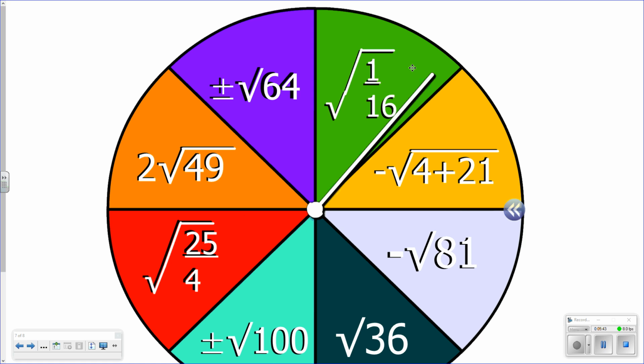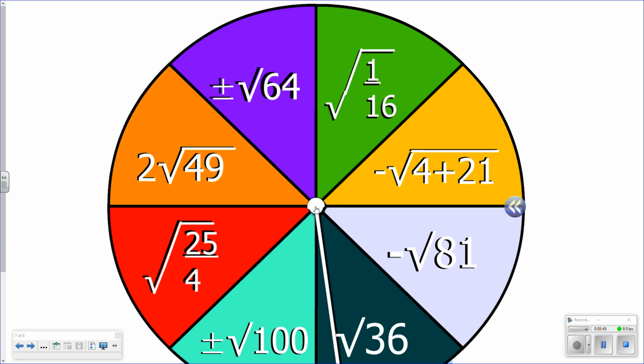The square root of 1 is 1. The square root of 16 is 4, so it would be 1/4. All right, let's do what's inside first. Square root of 49, which is 7, and then 2 times 7 would be 14.